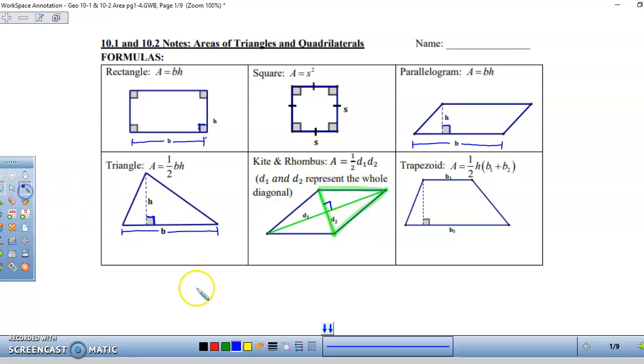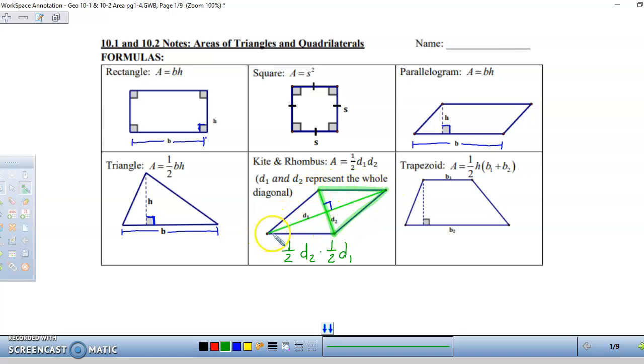Well, just that triangle has an area of 1/2 diagonal 2, because diagonal 2 represents the entire length here. And then the height is half of diagonal 1. Okay, so that would be the area of just this triangle.